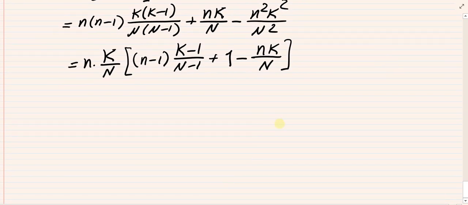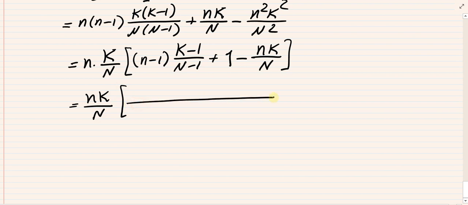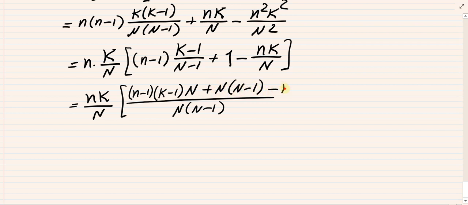Okay. And next step, so we have nk over N, and then we're going to choose the LCD, which is going to be capital N minus 1, and that's going to give me little n minus 1 times k minus 1, and of course times capital N to build it up to the LCD, plus 1 minus nk, right, times capital N minus 1.